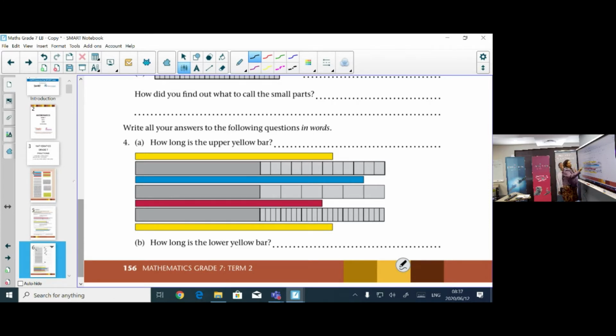We have 1 full one here, and then the parts 1, 2, 3, 4, 5, 6, 7 out of 12, because all the parts there were 12.